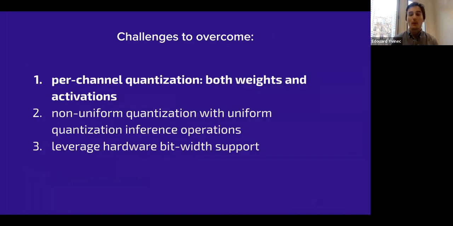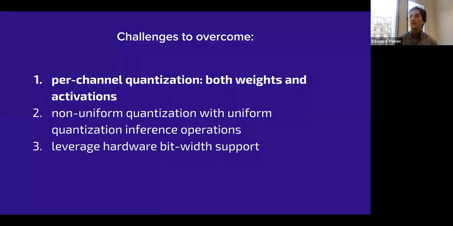So now that we are all enthusiasts for quantization, what do we offer here at Datakalab? Essentially, it can be decomposed in 3 steps, 3 separate problems in data-free quantization. The first one is about per-channel quantization.